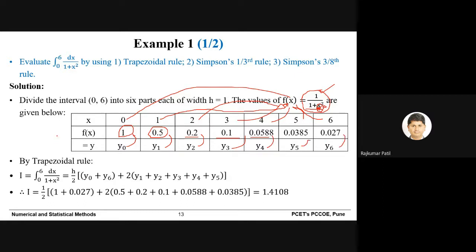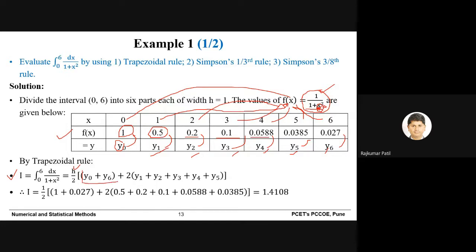Once you prepare this table, you need to write the equation for the trapezoidal rule. Previously we derived the formula for n number of values, but here the total number of values is 7: first, second, third, fourth, fifth, sixth and 7. So for 7 data points, the formula will be h by 2 into a bracket.